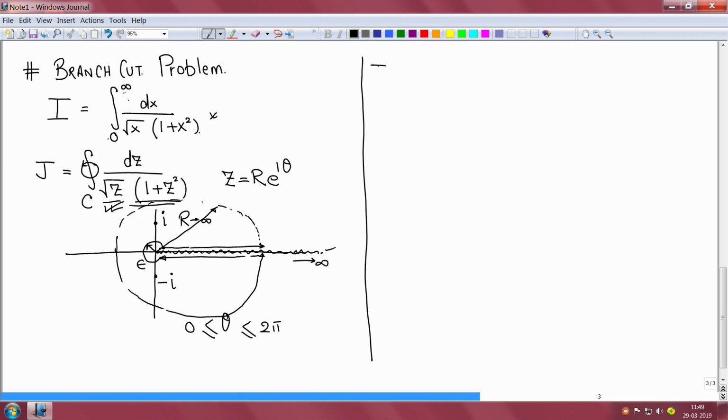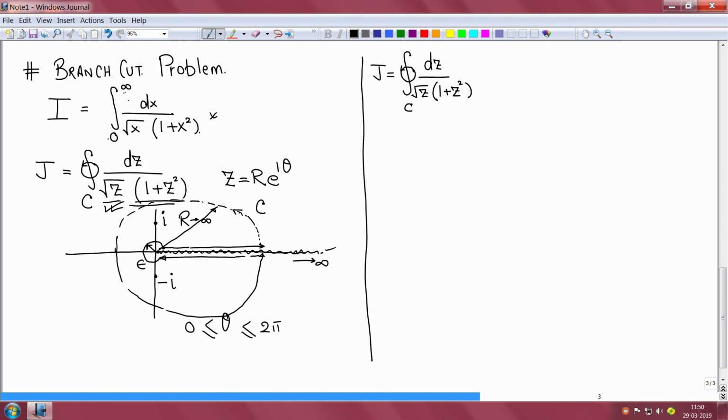My J is equal to the integral over this closed contour C, taken in the positive, counterclockwise sense, of dz over square root of z into 1 plus z squared.